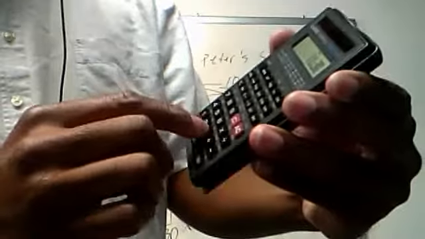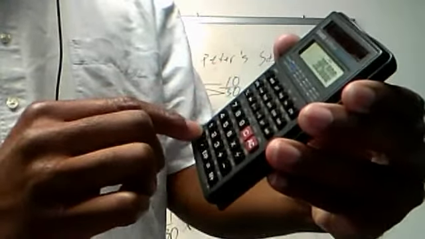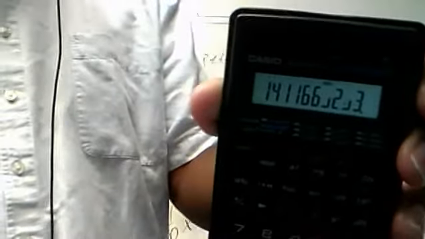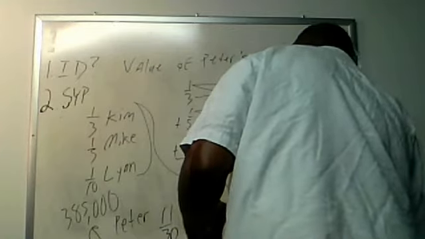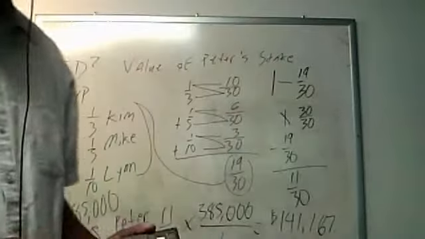We have to multiply that by 385,000. You hit your equal key, and you see the value of Peter's stake is 141,166 and 2/3, so we're just going to round it up to 141,167. That is the value of Peter's stake.